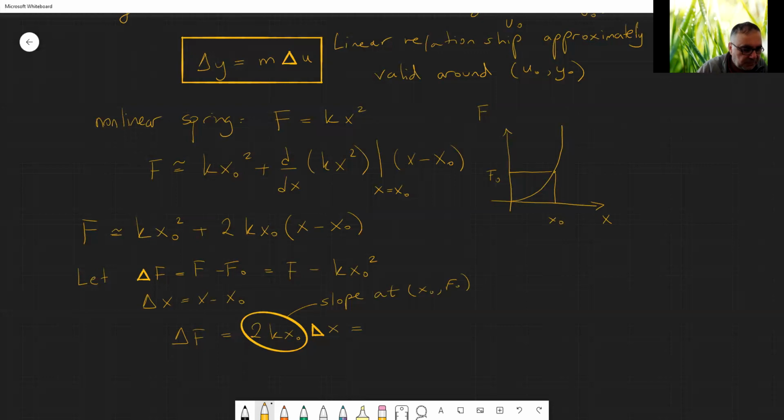So I define a new coordinate again, as I have said. This is delta x. This is delta f. And the slope here is simply 2k x naught.